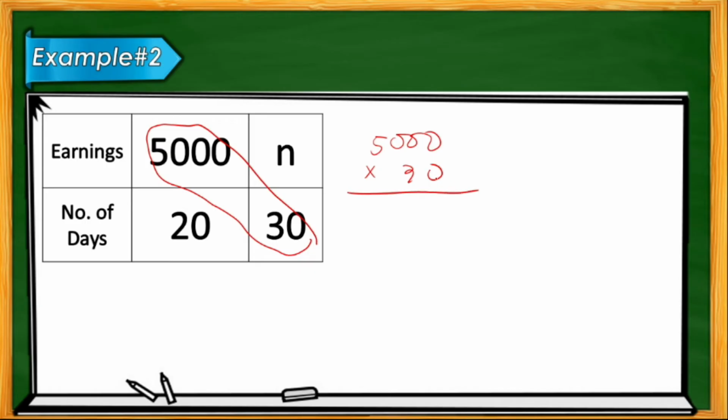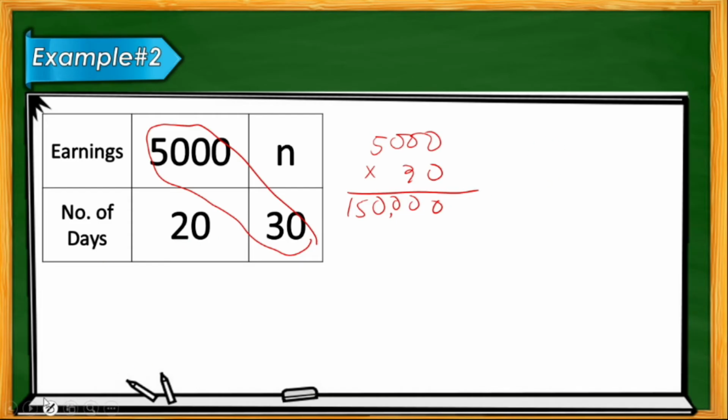So the shortcut way is count the number of zeros. 1, 2, 3, 4, then multiply the whole number 3 times 5. Answer is 15. So we have 150,000. Then divide this one by the remaining digit 20.